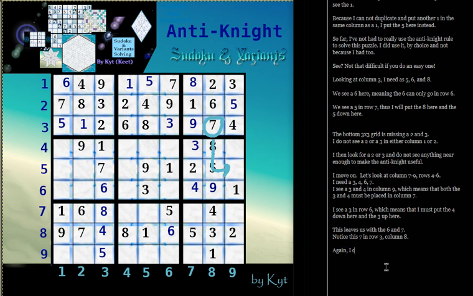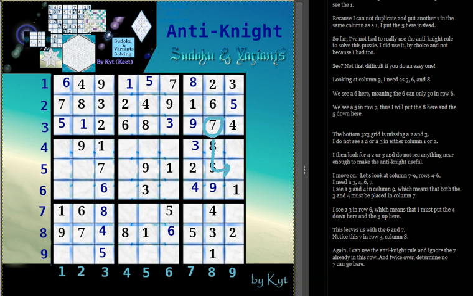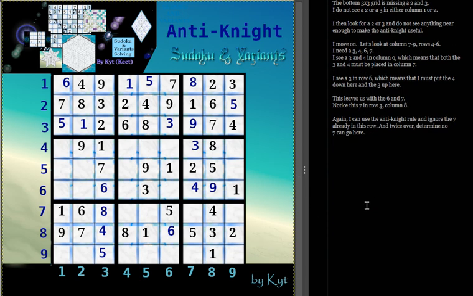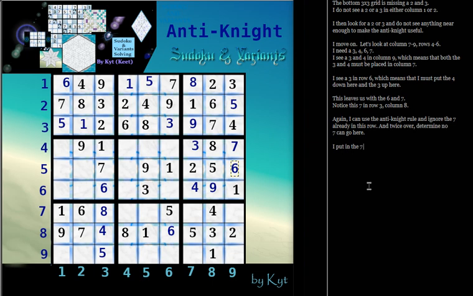Again, I can use the anti-knight rule and ignore the 7 already in this row and twice over determine no 7 can go here. I put in the 7 and then the 6.